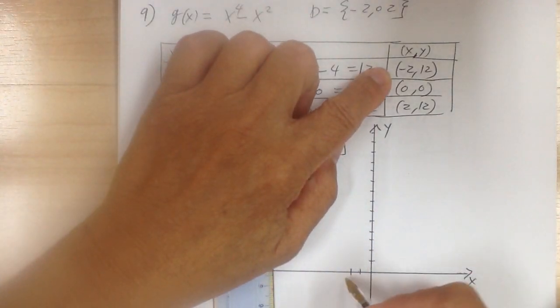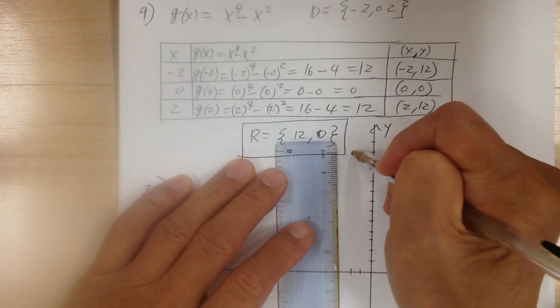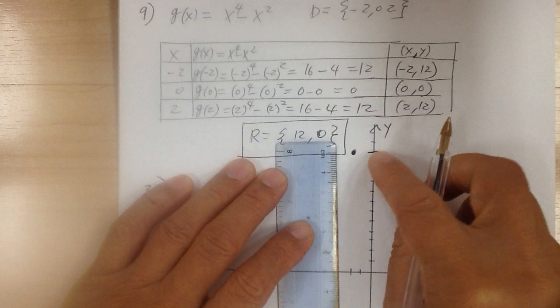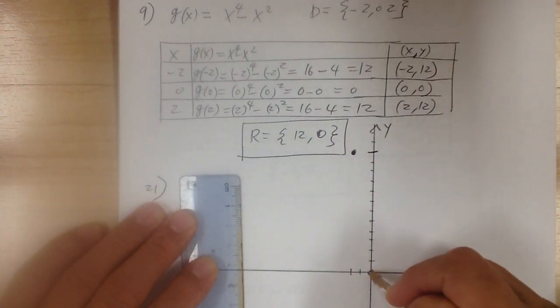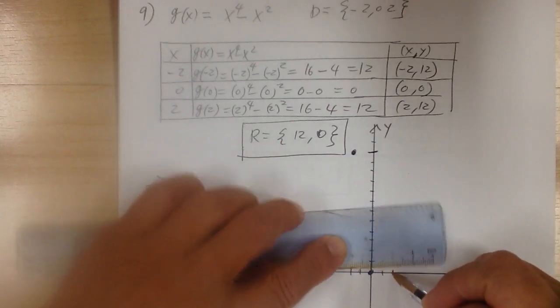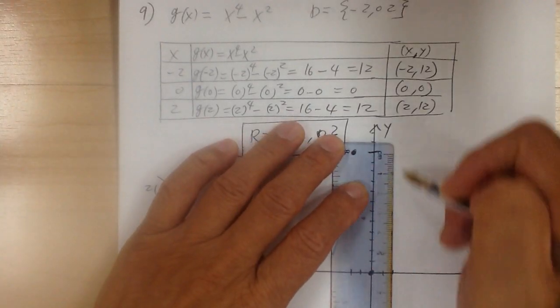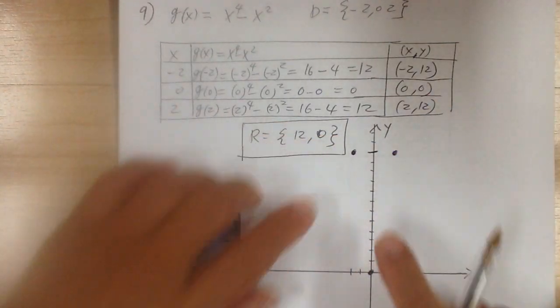Okay, so first is negative 2, 12. So it's going to be right over here. Okay, so that's where the 12 is. Okay, so negative 2, 12. Next one is 0, 0. Then you got 2, positive 12. Okay, so again, that's your 3 points.